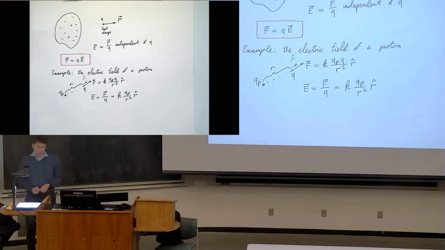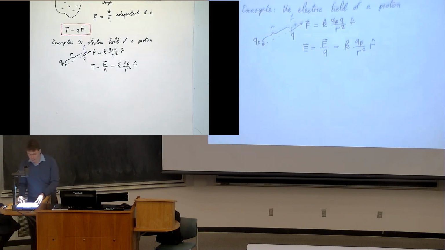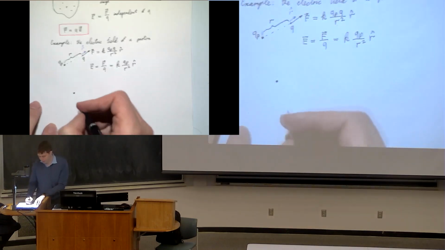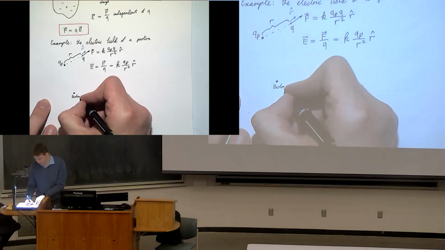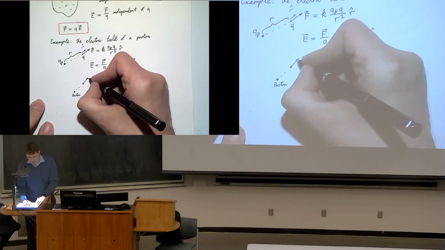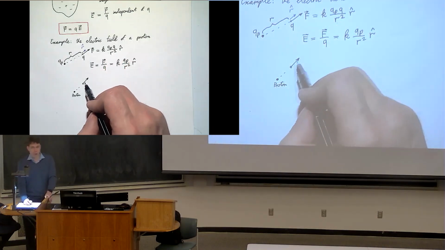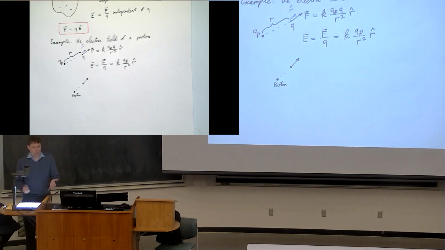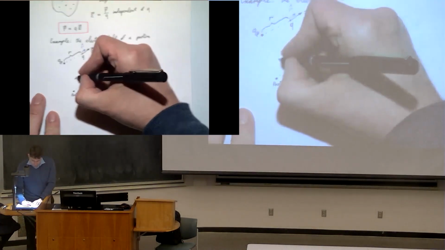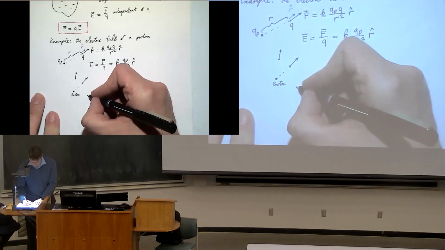So what we see is that the electric field of a proton is directed everywhere away from that proton. So this is our proton. The electric field at this point is directed here, and it obviously, according to this formula, depends on the point in which we measure it. So it's like this here.